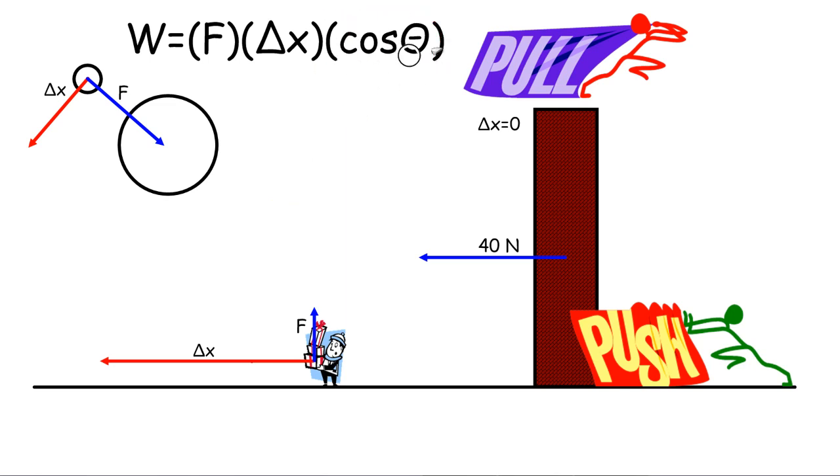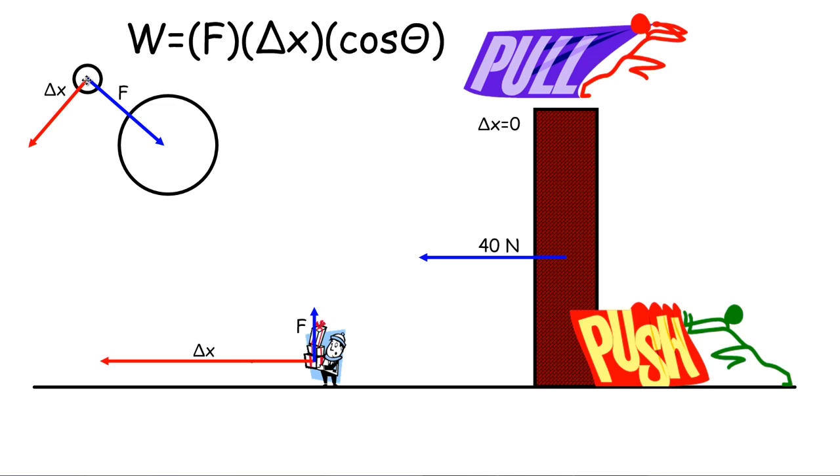And then the last scenario I want to look at is, how much work does the planet Earth do on the moon? Here I've drawn a diagram where we have the Earth and the moon, and the force that the Earth applies to the moon is the force of gravity, and it points towards the center of the Earth, just like so, the blue vector there.